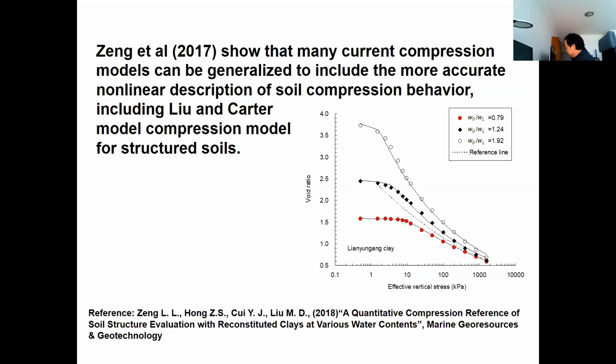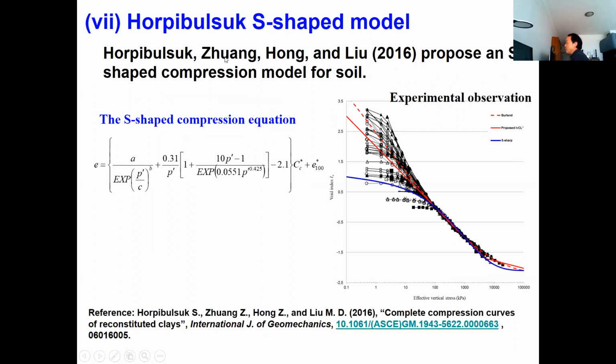So another model is proposed by Hopboskin, Chang, Hong, and I. We propose an S-shaped model. Why do we propose an S-shaped model? Because the actual compression behavior is not linear, and it's not curved like proposed by Professor Boland.